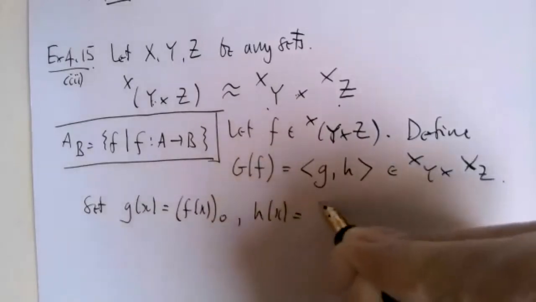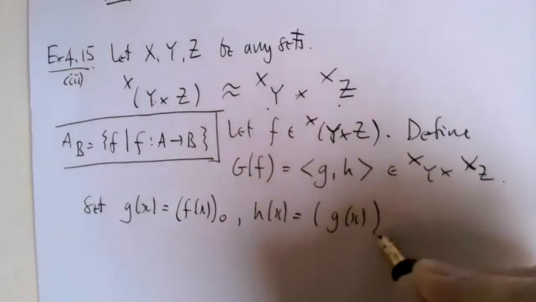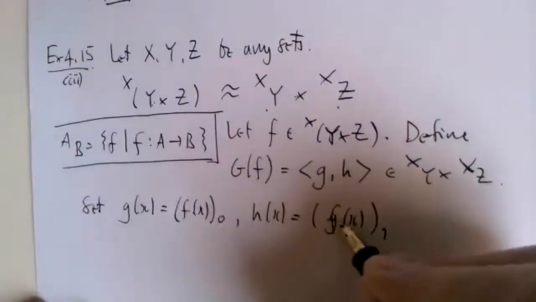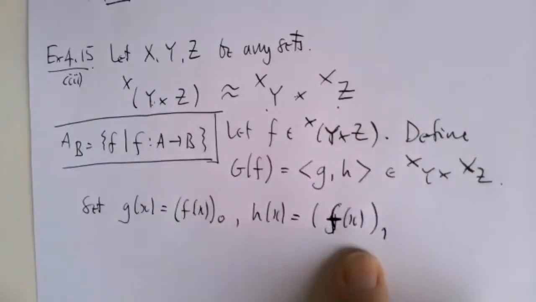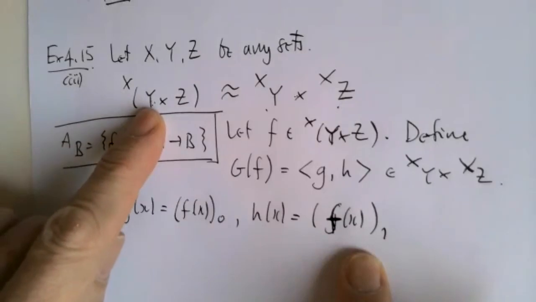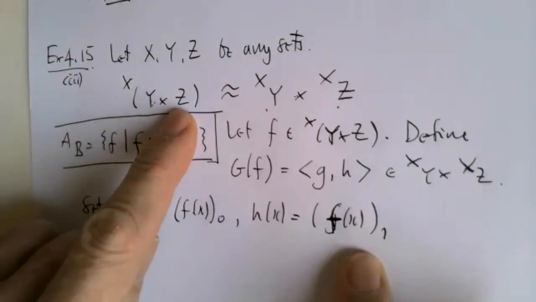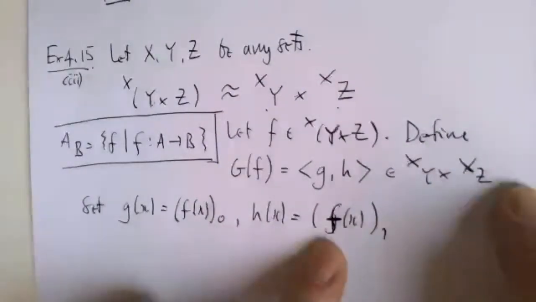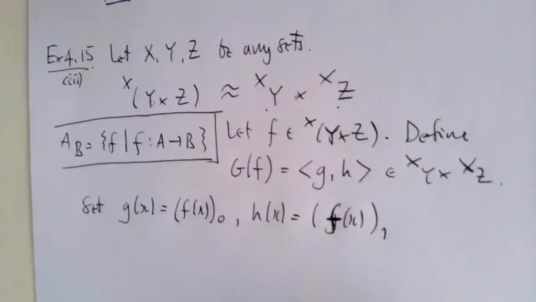And likewise, h of x will be the z part. Again, f will send x to a pair of things, and what h does is pick out the thing in z, which is just what we want here.